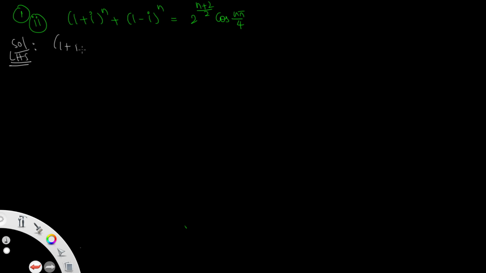So (1 plus i) to the power of n. From this, 1 plus i can be written as root 2 into (1 by root 2 plus i by root 2).